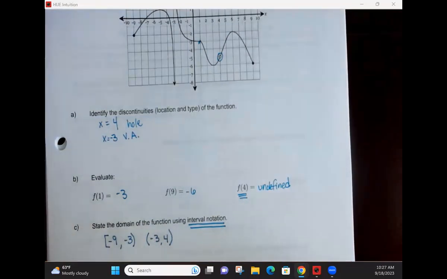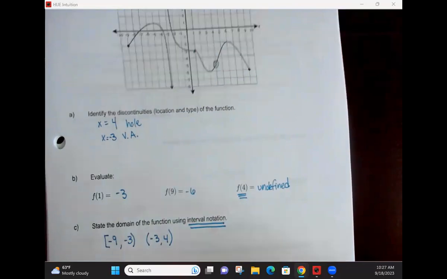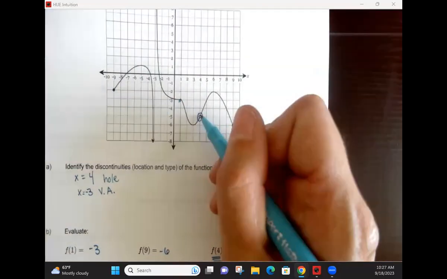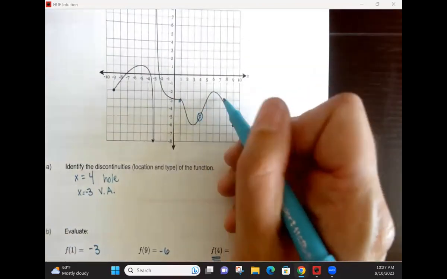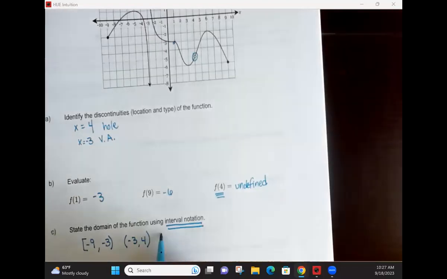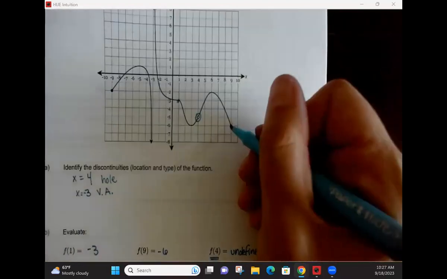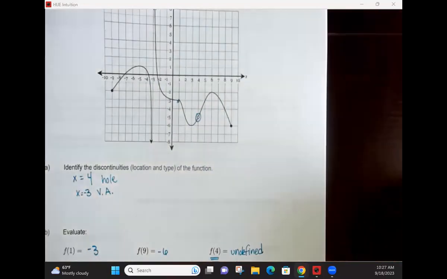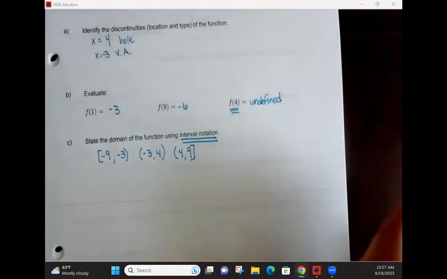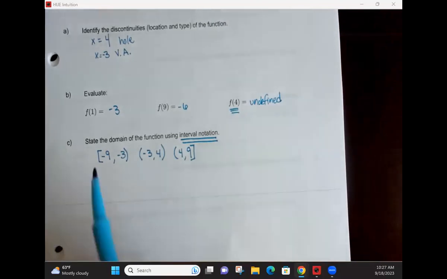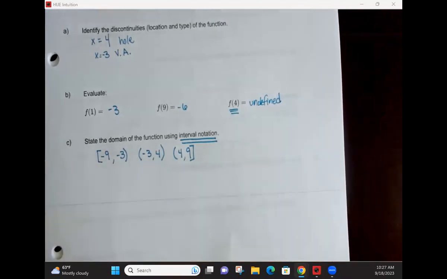Parentheses on both ends, because I do not have -3 or 4 in the domain. Those are my discontinuities. And then the last section of my graph starts when x is 4 and goes until x is 9. So from 4 until 9. 9 gets a bracket because we do have a closed circle there. Check your domain. We have all 3 intervals.